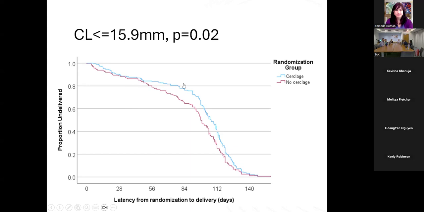And then there's this large swath of people who clearly benefit from having a cerclage versus no cerclage. And I wonder if there's something different about this cohort of people versus this cohort, or this cohort at the end. Does that make sense as a question? It makes a lot of sense.